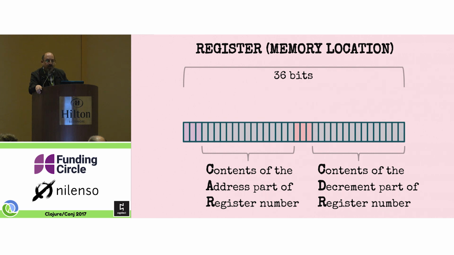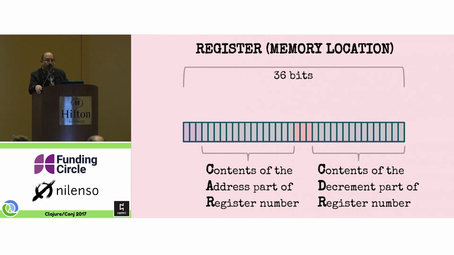Notice here that the word register refers to a memory location. It's not what we currently understand as a register, a part of the CPU where we store information for very fast access. Here, when we're referring to registers, it really means memory location. So we had 15 bits for the CAR and 15 bits for the CDR.